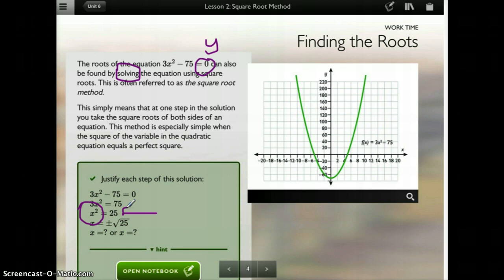Remember, square roots are going to have two answers, because in this case, it looks like x equals question mark and x equals question mark, positive 5 and negative 5. Now remember, when solving, you have to get the x by itself. So it doesn't really tell you exactly what's happening, but we're going to have to justify and figure out what's going on. Continue on the next video.